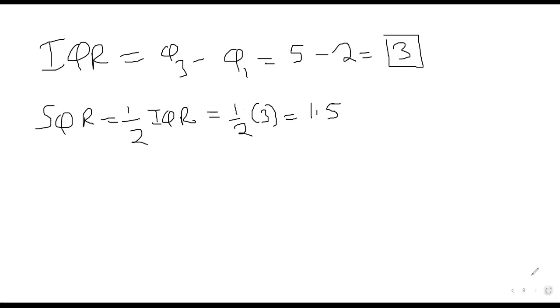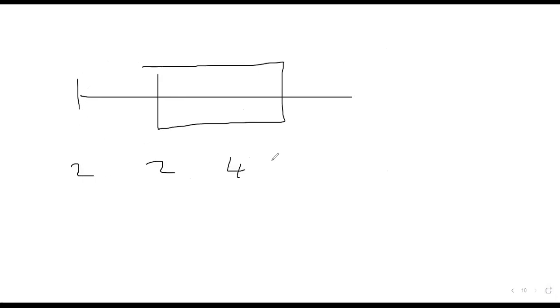Now, how do we identify outliers using this concept? So remember, we had 2, 4, 5. We had a 10, right? So our interquartile range we calculated was 3. Then you multiply this 3 times 1.5 to get a correction term.